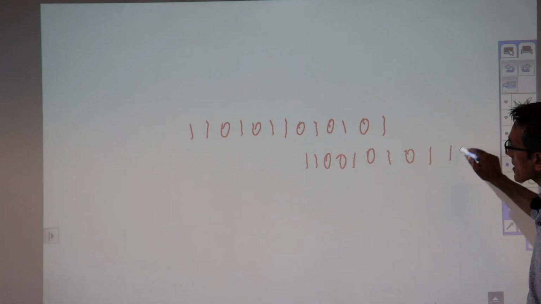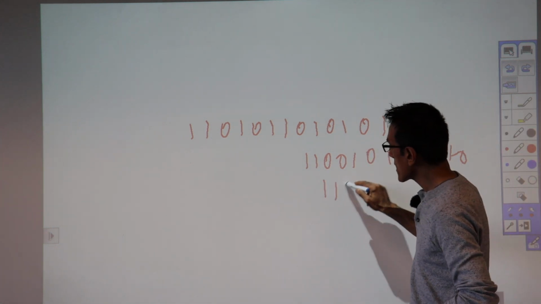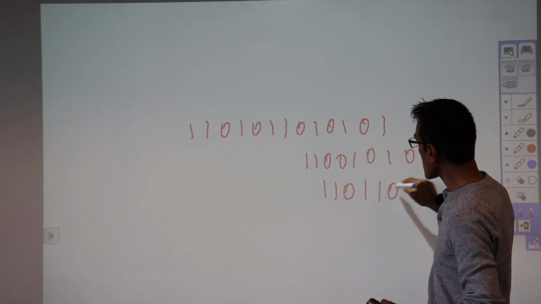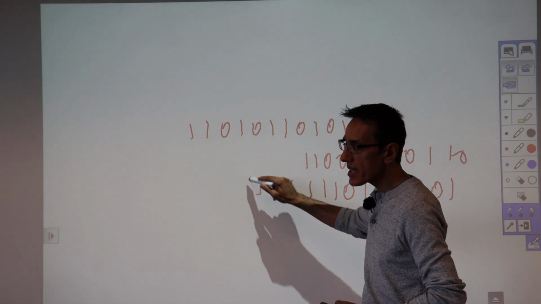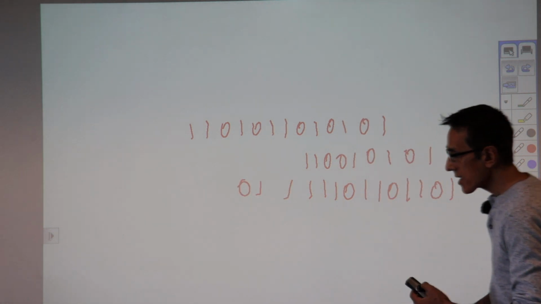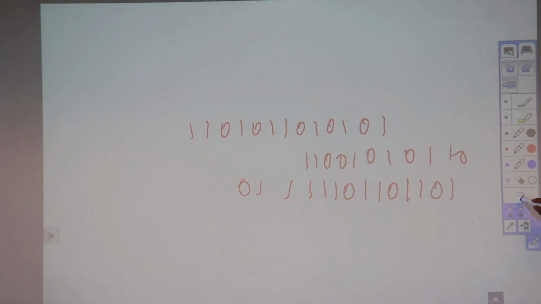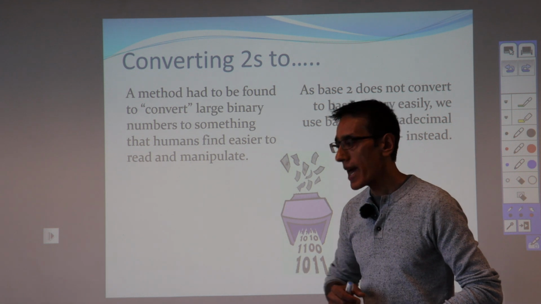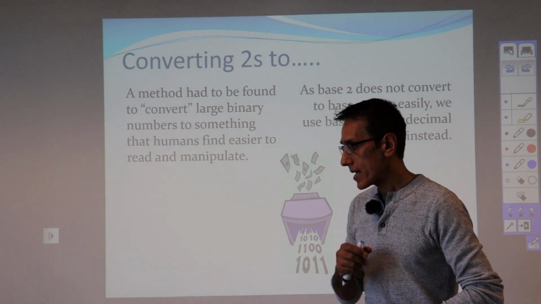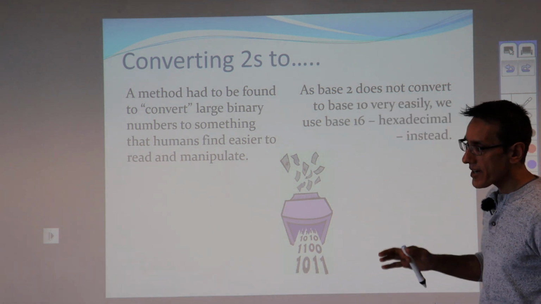So we have to find a way of representing these very large binary numbers in something that's a bit easier for humans to work with. And that method, folks, is hexadecimal. We have to find that conversion.